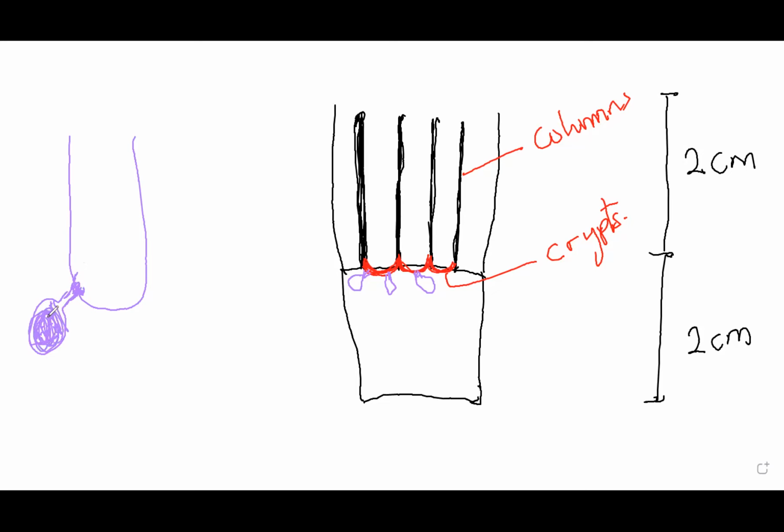They will accumulate. Because of stasis, there will be bacterial proliferation. And when there is bacterial proliferation with superimposed infection, it forms an abscess. So that is the pathogenesis of anorectal abscess. And this abscess will try to track through the least area of resistance, okay?